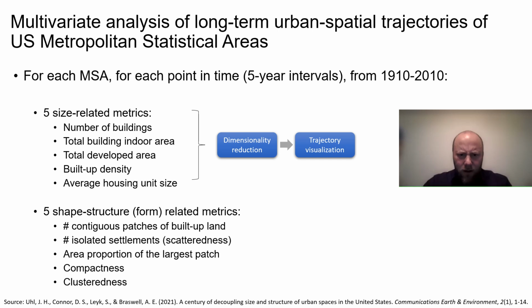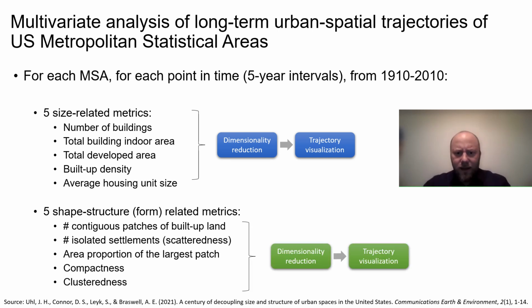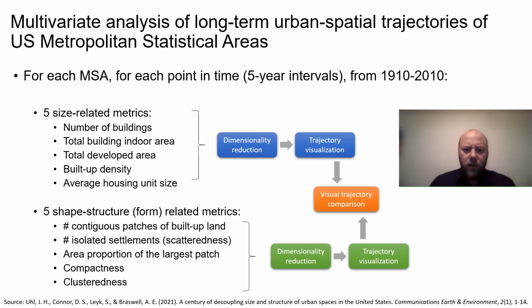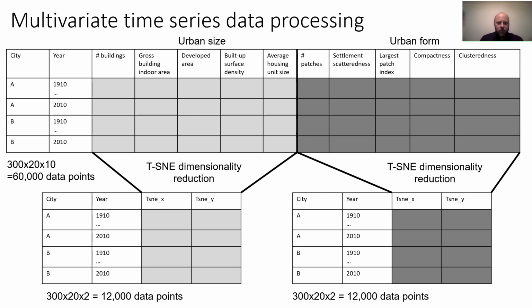What we do in this analysis is a dimensionality reduction, visualizing trajectories in a lower dimensional space, and then comparing these trajectories. This is the methodology, but that's not too important because we want to focus on the actual visualization here.